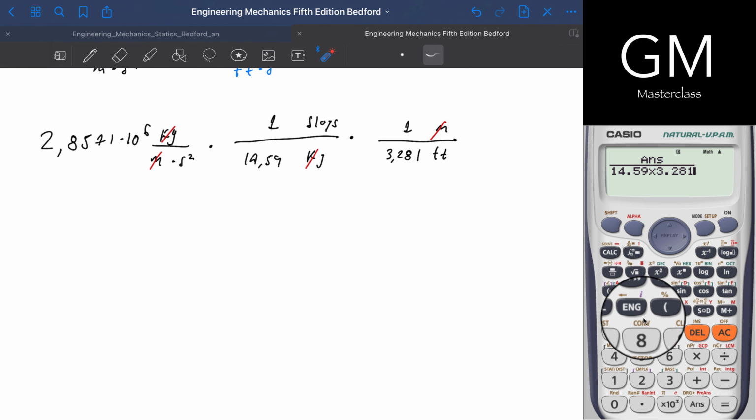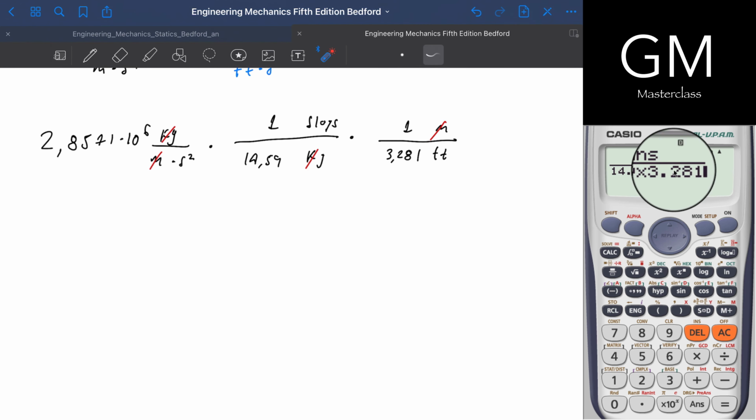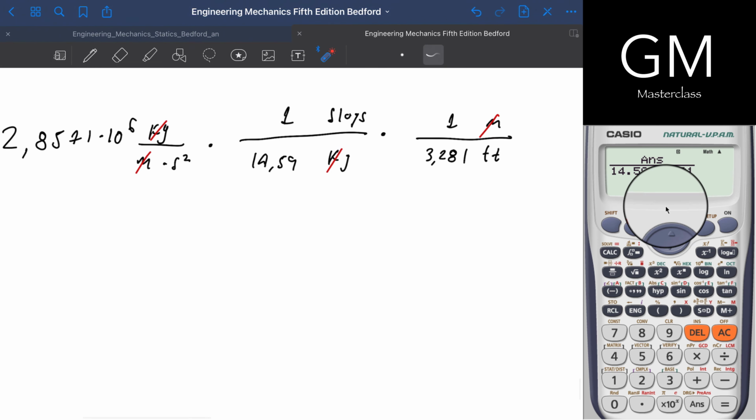I know that this is pretty easy for some of you, but others may get confused with this notation that I'm using on the calculator. So remember that when we are talking about a multiplication by 1, it is going to be the same number.